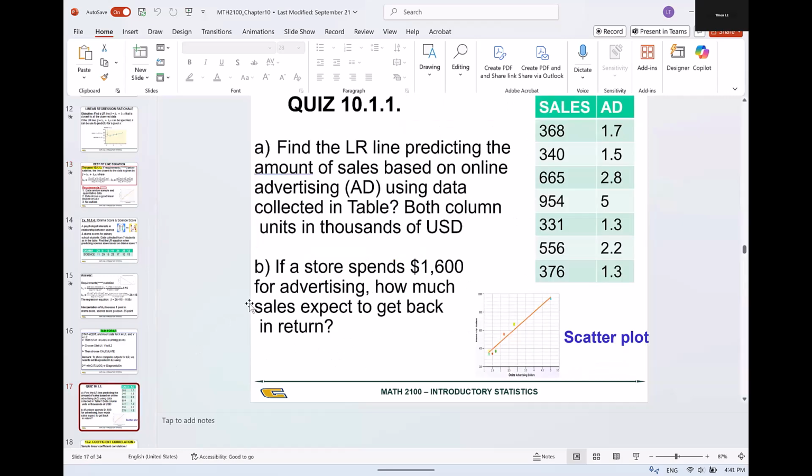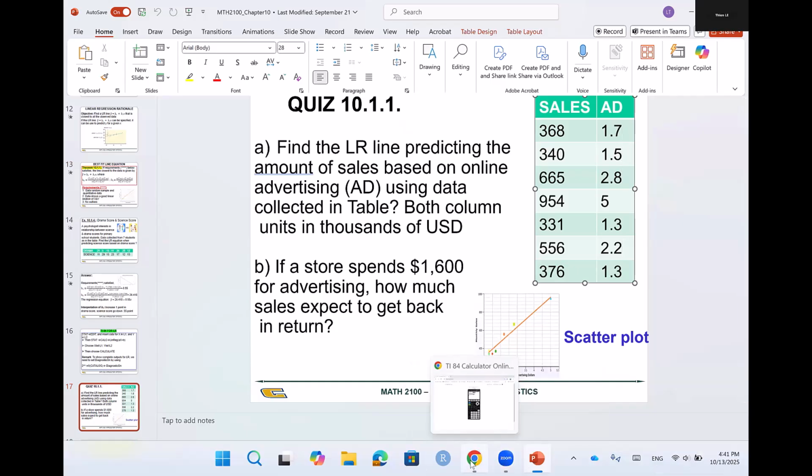So first you will need to insert the X in L1, right? In this case, remember your X will be advertising, okay? 1.7, 1.5, 2.8, and so on. So let us do it together.